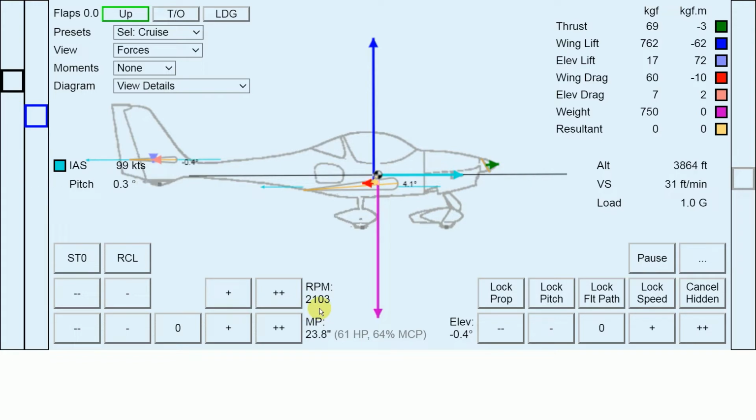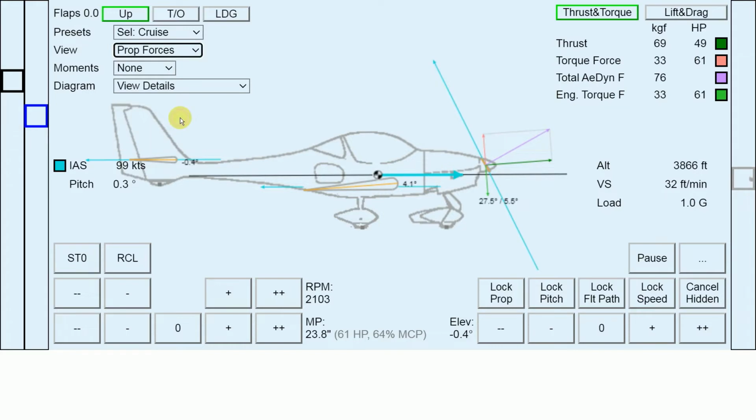There are also a couple of new views like the prop forces view. This view shows how thrust and torque of the propeller are made up from lift and drag at the propeller blades.